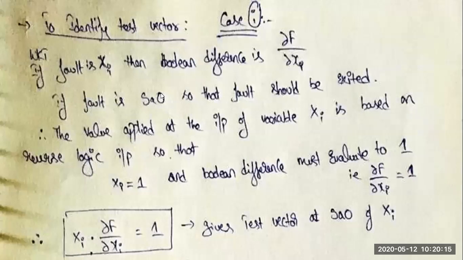So that is the case. The value applied at the input variable xi is based on the reverse logic input, so that xi equals 1. The Boolean difference must be evaluated to 1, so the evaluation should be done towards dou f by dou xi equivalent to 1. What this case defines is a test vector for stuck at 0.